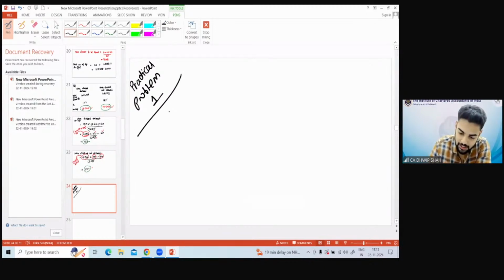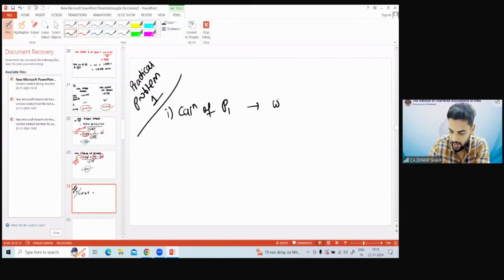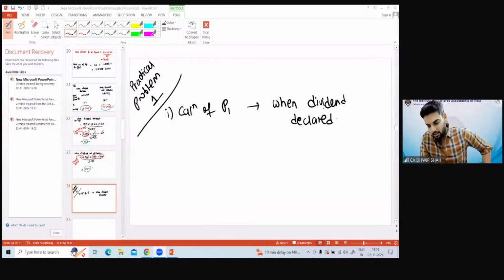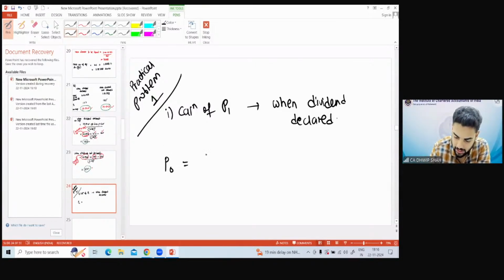So let's first calculate P1 when dividend is declared. I hope now you all can also calculate this, because we have done 2 exhaustive questions on this. As per MM, price today is nothing but D1 plus P1 upon 1 plus KE.